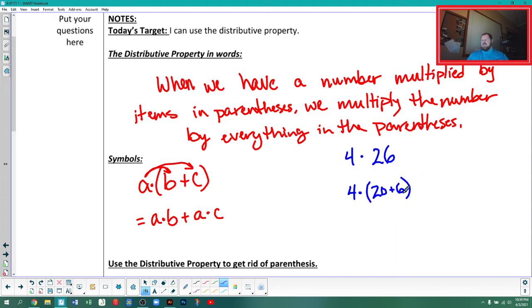Because 26 is 20 plus 6, so we take that 4, multiply it by the 20, and 4 multiply it by the 6. Well, 4 times 20 is 80, 4 times 6 is 24, and we would get 104.